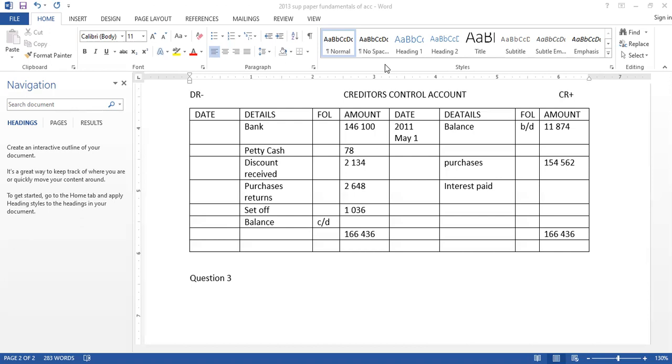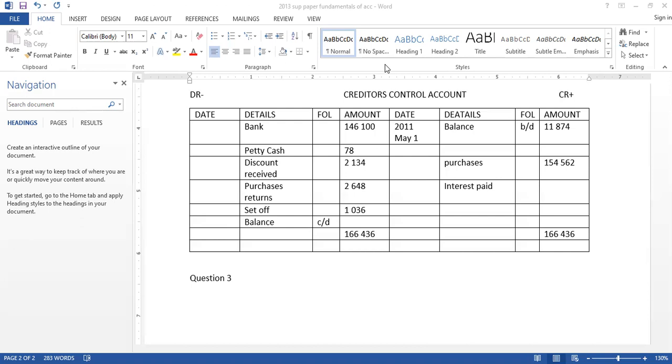Then you also compare the credit side of your supplier statement with the debit side of your creditor's ledger, and identify all the amounts that are not appearing in the supplier statement or in the creditor's ledger account.